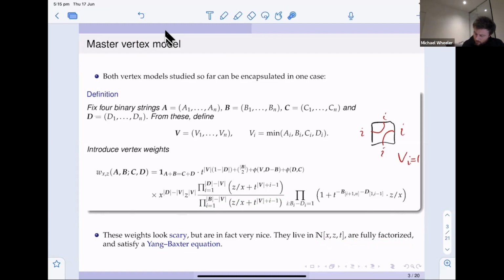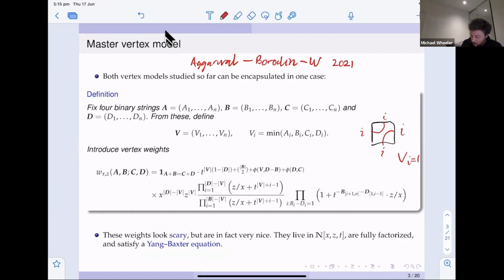And most importantly, there is behind this a Yang-Baxter equation. There is some intertwiner which actually intertwines these tiles, and there is an explicit formula for the weights of the intertwiner as well. So you have a very explicit Yang-Baxter equation, which we're not going to write down, but nevertheless, this is the model. As far as I know, it was first introduced in the recent work that we had with Amol Agarwal, Alexei Borodin, and that's already from January this year.